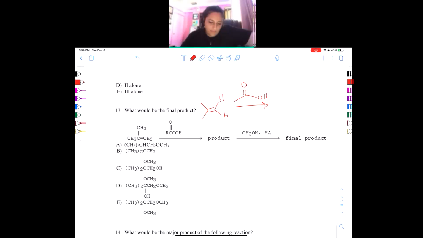So is this what we're working with? There's a trick here. What's the trick about what I drew versus the reagent that they gave us?